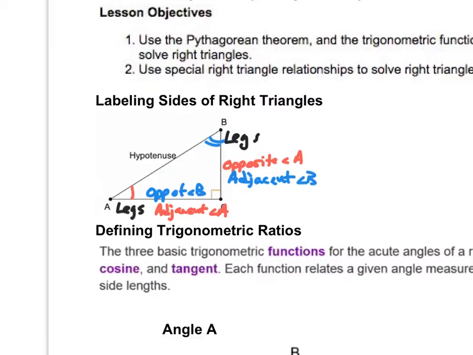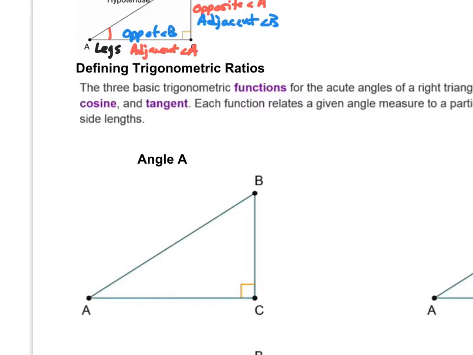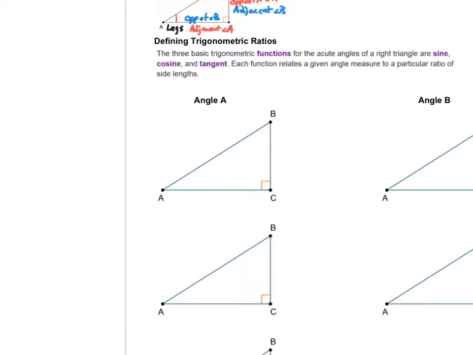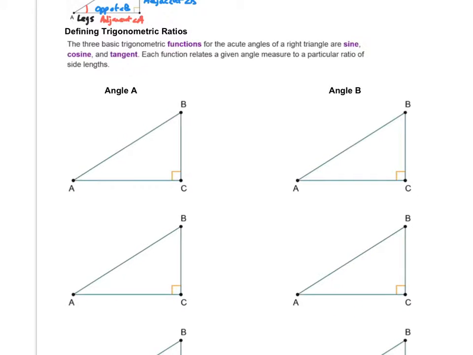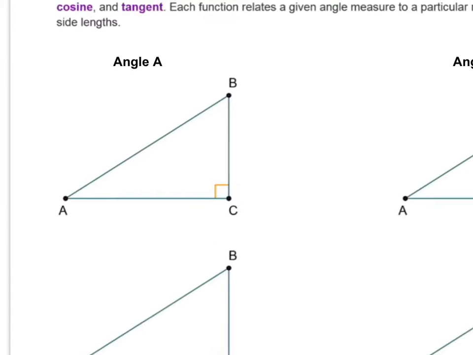Let's go back and make sure we know our trigonometric ratios. For angle A, I have three triangles and three trig functions. I'm going to do the sine, cosine, and tangent trig functions for each. I'm going to put a little mark there for angle A and label my sides of the triangle.